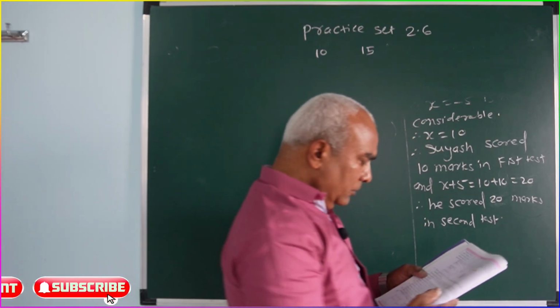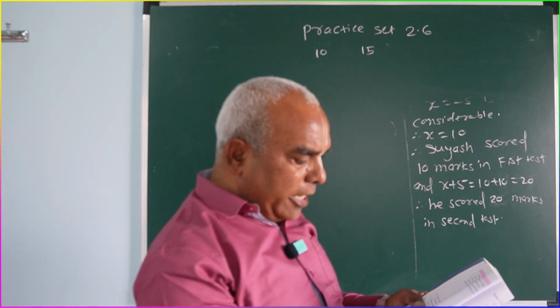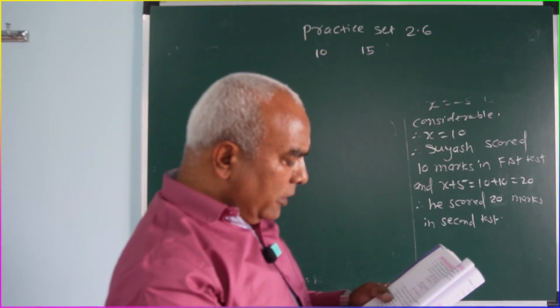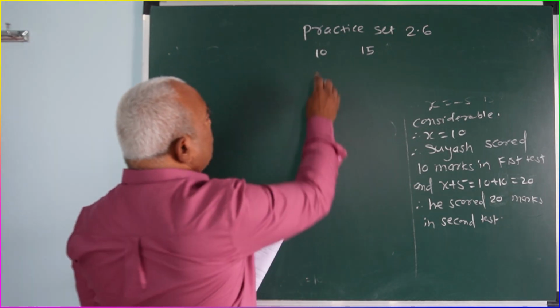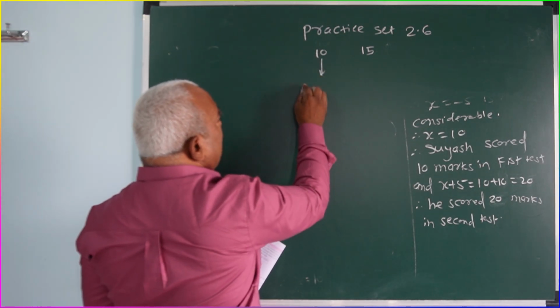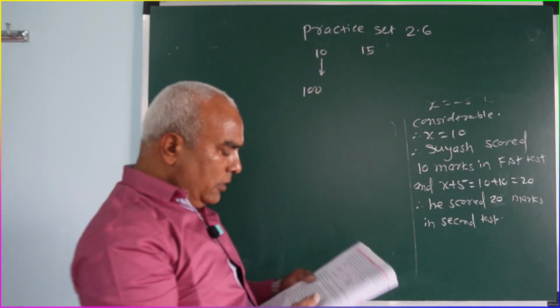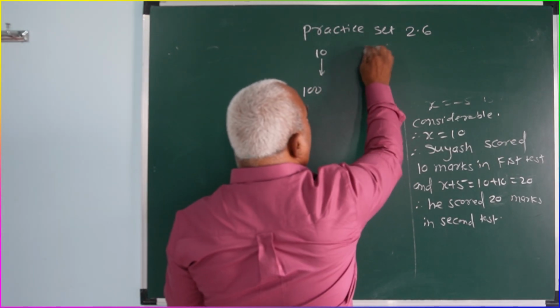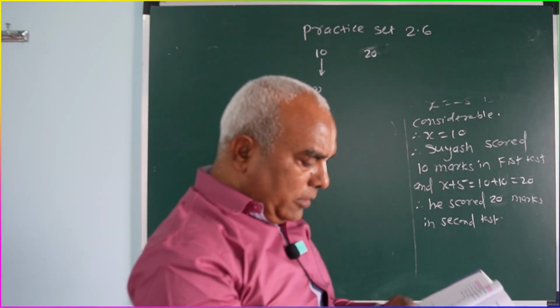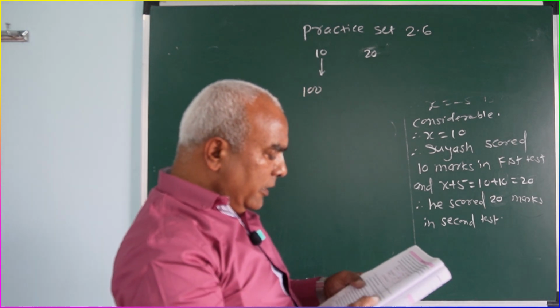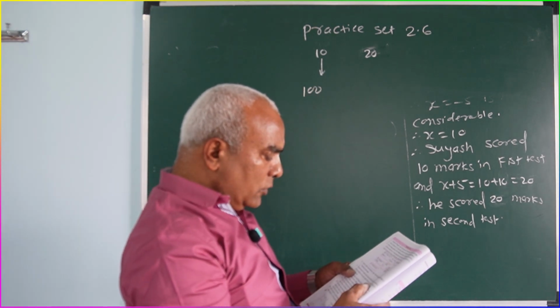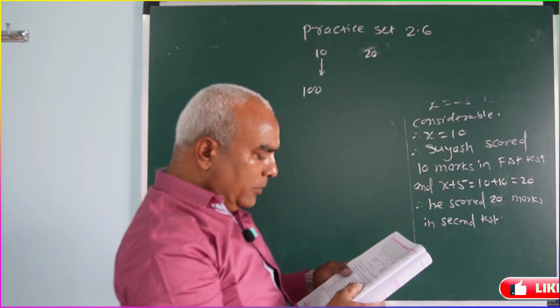5 times the score in the second test is the same as the square of the first test.